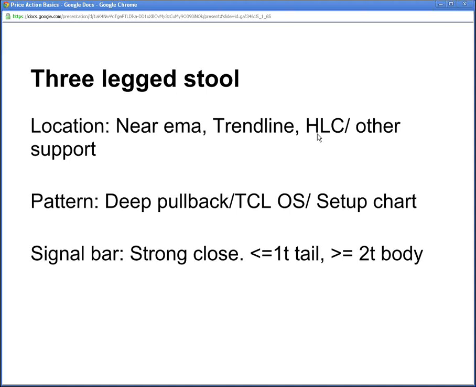It may be a greater than 50% probability setup, but I believe that the trend lines and EMA are much higher probability. If you can read them correctly, they are 70 plus, and some of them are 80% probability trades.